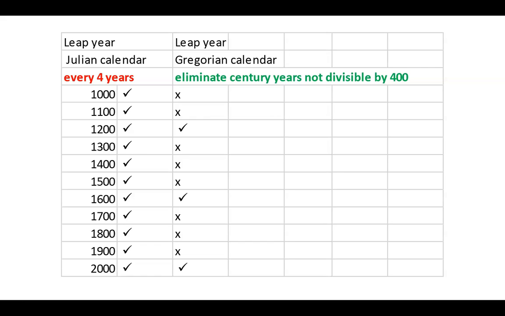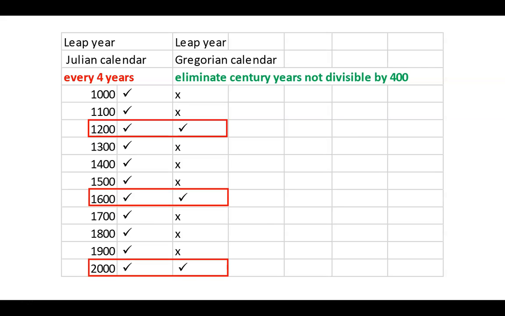This applies only to the century years. The years 1200, 1600, and 2000 would be leap years. All the others, which are not evenly divisible by 400, would not be leap years. This reduction in the number of leap years by the Gregorian system accounts for the consistent solstice dates since 1752.